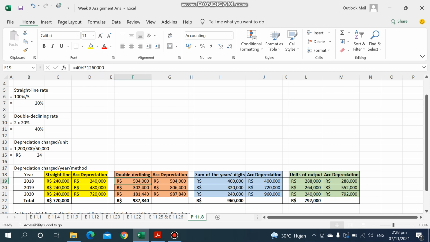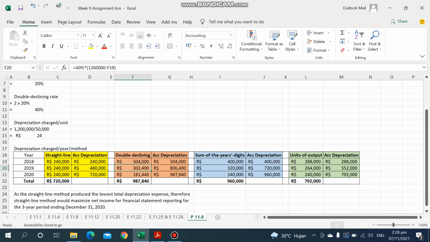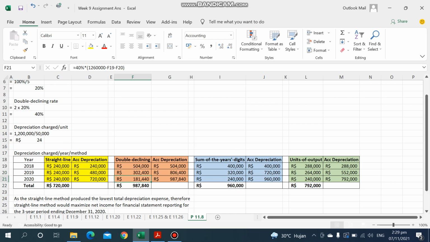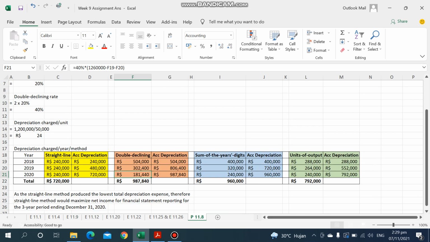So the depreciation will be 504,000 for the first year in 2018, and then the second year will be 40% times the cost minus the accumulated depreciation, or simply the previous year depreciation. So the second year depreciation is 302,400, and then the third year will be 40% times the cost minus the accumulated depreciation of 806,400, or you can minus the depreciation expense from the previous years.